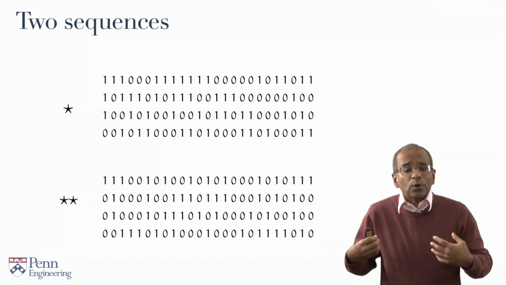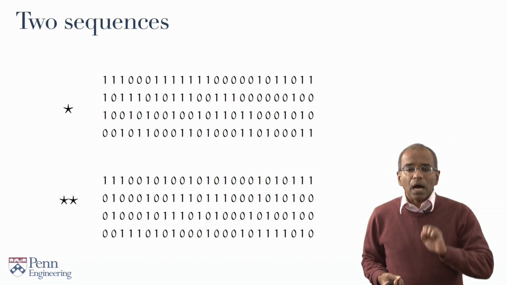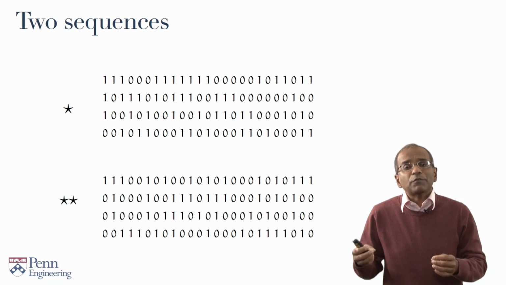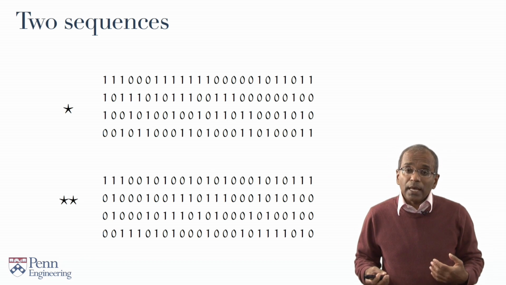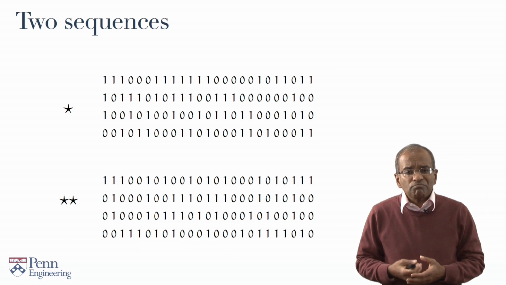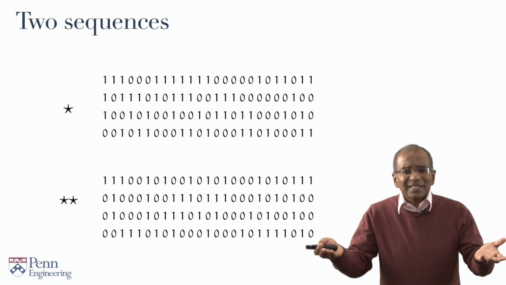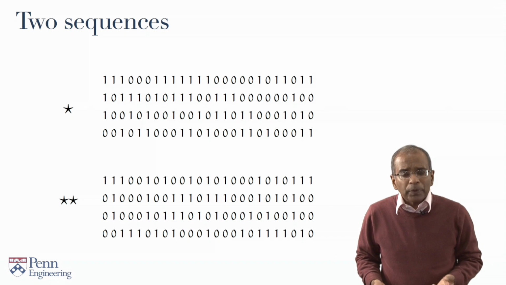Are the ones and zeros in balance? Now, if you look at the sequence labeled star, you'll find that there are 49 ones and 51 zeros. The sequence labeled double star, on the other hand, has 46 ones and 54 zeros. The ones and zeros, heads and tails, look like they're in balance. It doesn't look like there's very much to cavil at on that score.